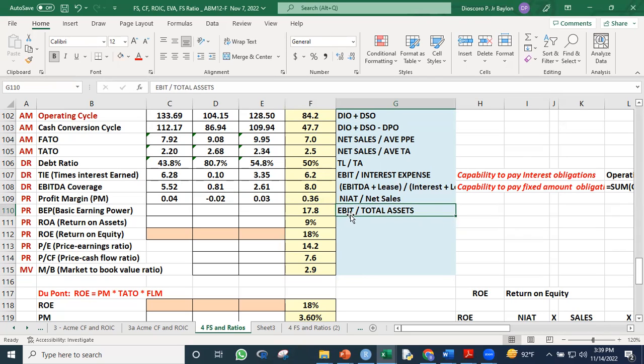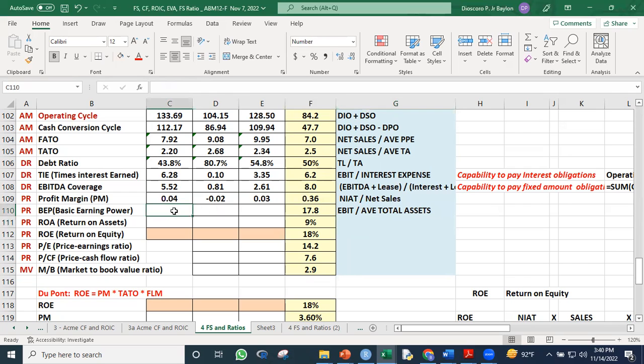So the basis of the numerator is the operating profit already. I-divide natin ang total assets. While si Tato, net sales yung tinitingnan natin divided by the average total assets. Of course, since EBIT is for the year, yung total assets natin should be average total assets also.